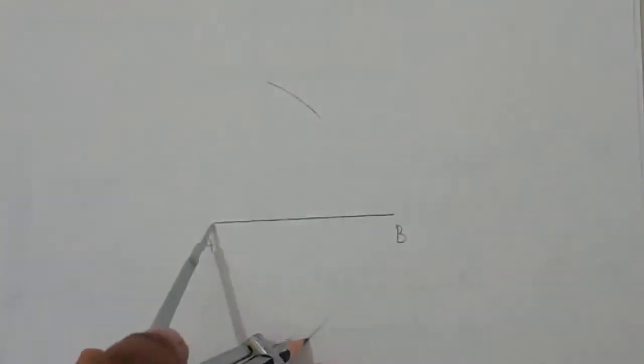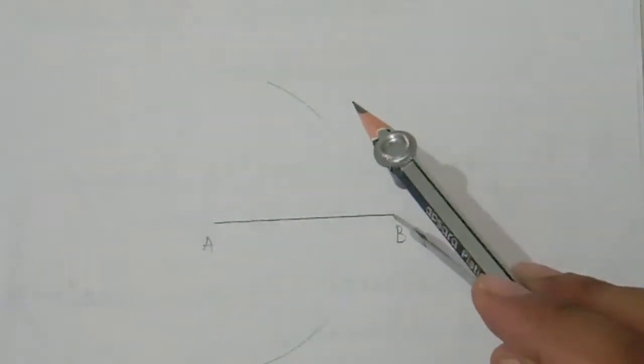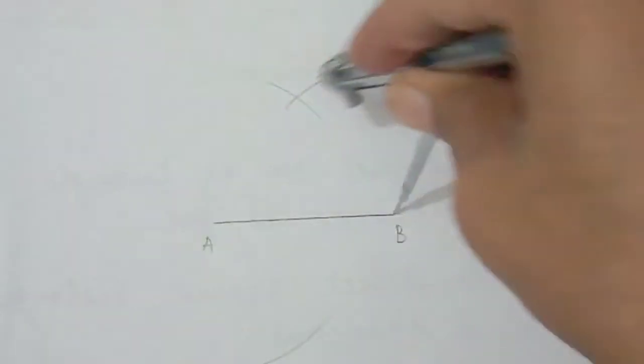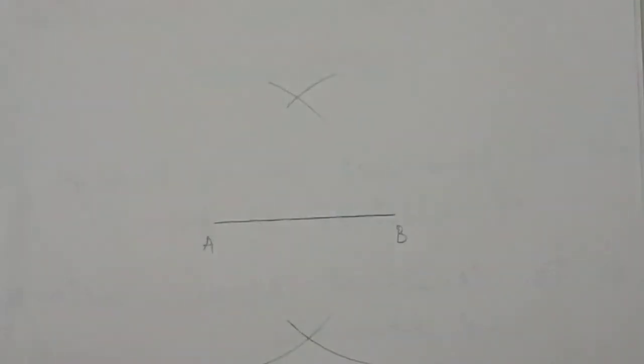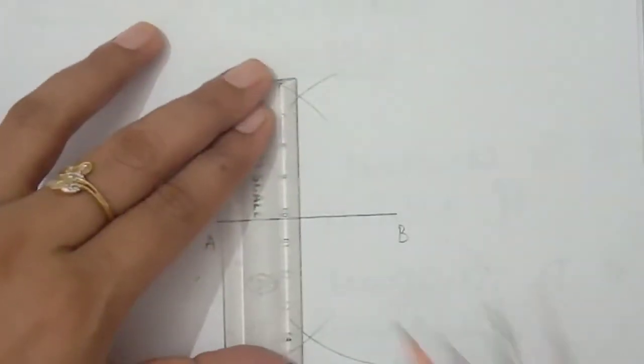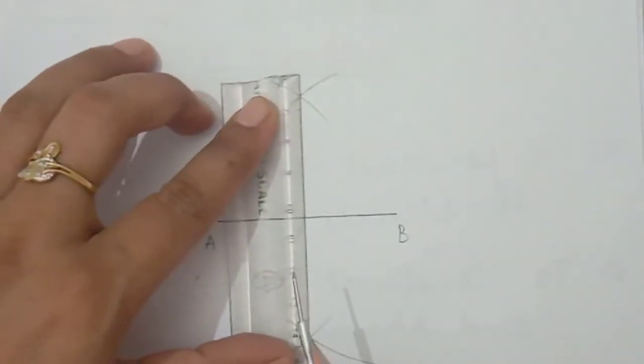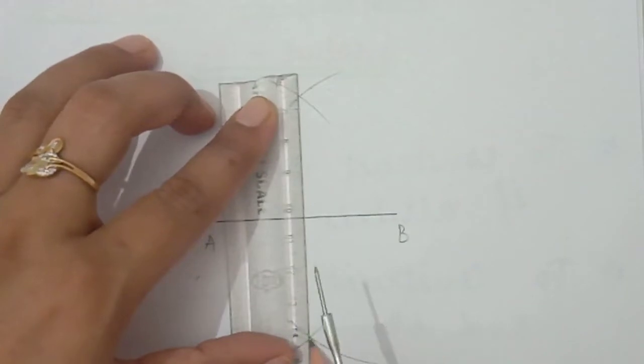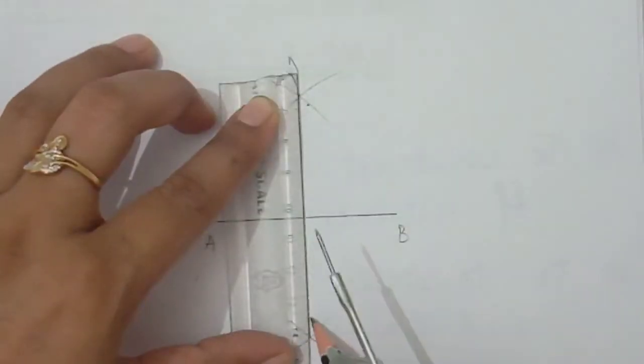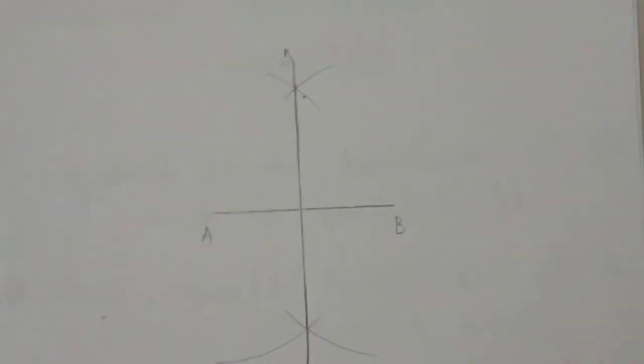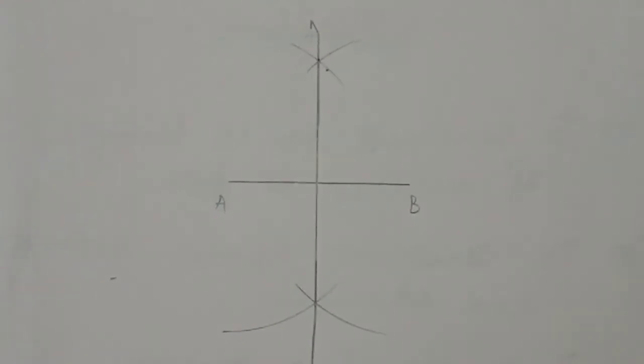we will open our compass more than half and draw the perpendicular bisector of AB. Now we will put the tip of the pencil here and take the same breadth, and then draw like this. This is our perpendicular bisector of AB.